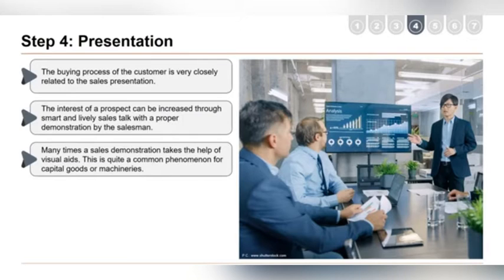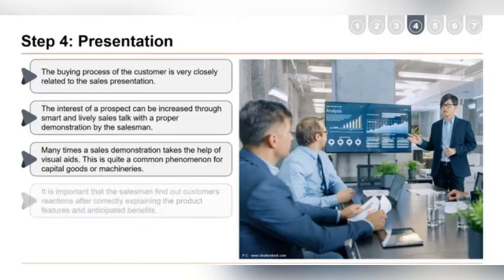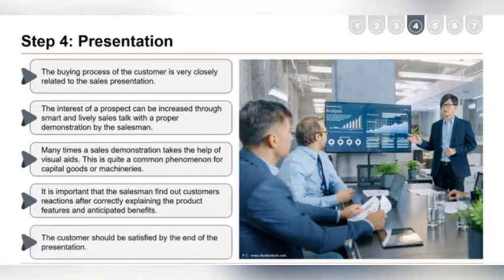This is quite a common phenomenon for capital goods and machinery. It is important that the salesman find out customer reaction after correctly explaining the product features and benefits. The customer should be satisfied by the end of the presentation.